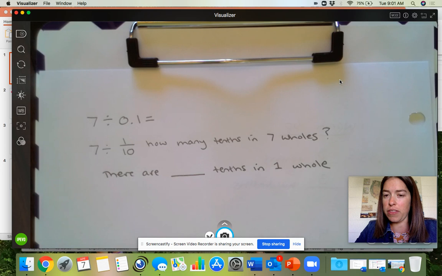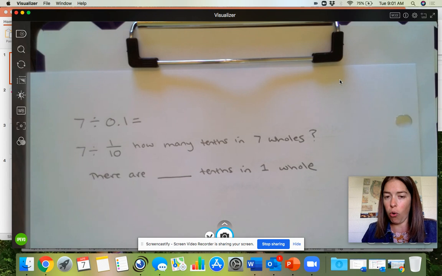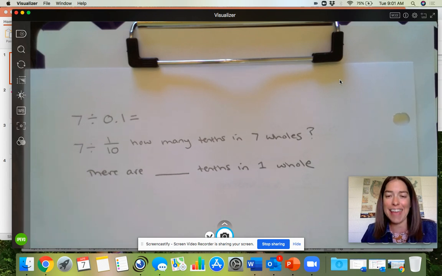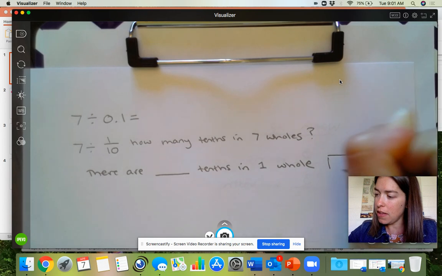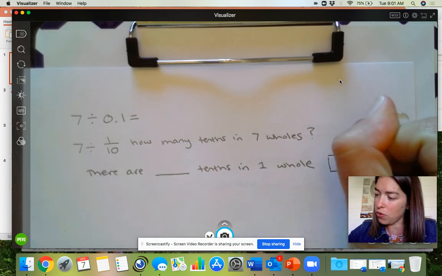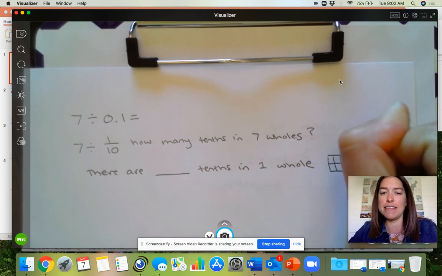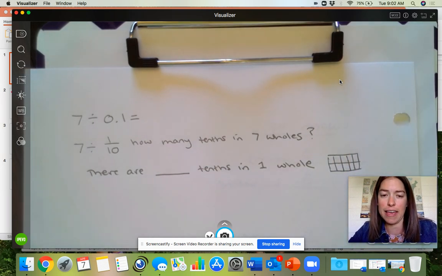I also know if we think about equivalent fractions to 1, I need the numerator to be the same as the denominator. How many tenths make up a whole? Well, I need all 10 tenths to be filled in to make up that whole. If I think about, again, my pan of brownies, if it was cut into tenths, how many tenths does it take to fill up the whole?